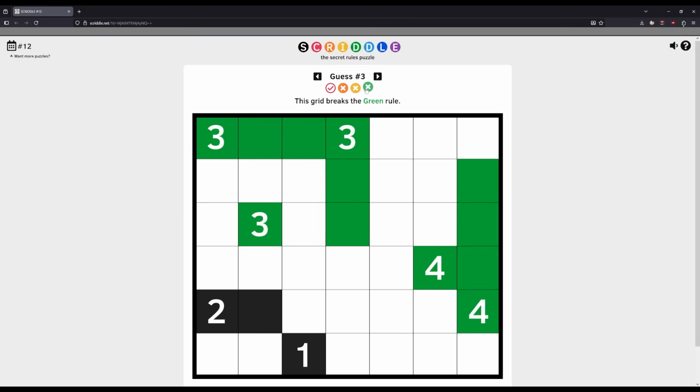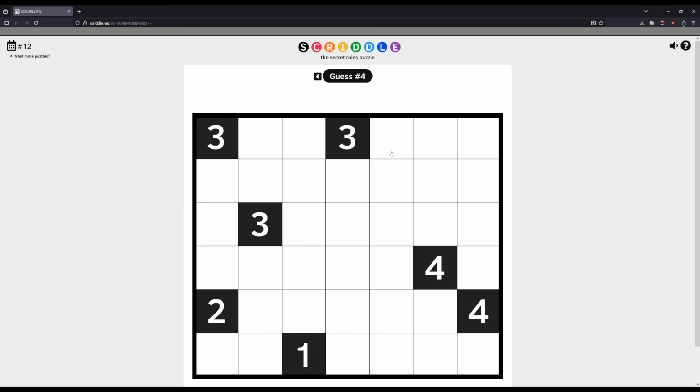No, because that actually doesn't make sense. Okay. So we need to start figuring out some of these theories. Like I said, one of the difficult things is if it's got to be straight lines and also they can't touch other numbers, that really makes this pretty difficult. So I feel like one of my assumptions has to be wrong here.